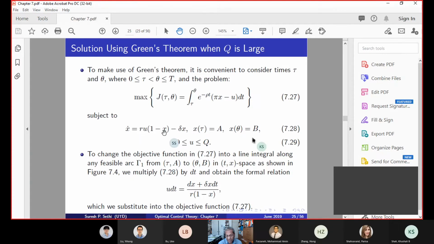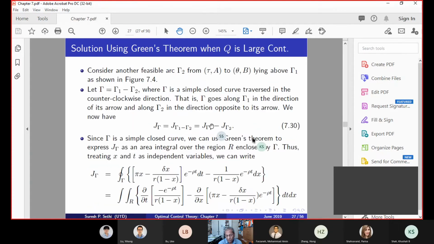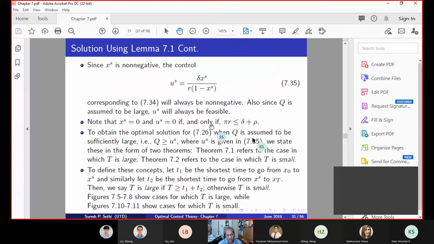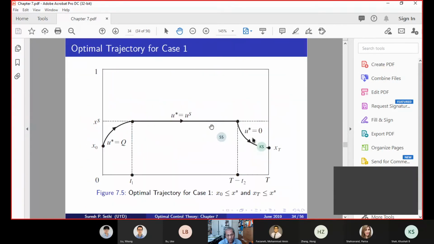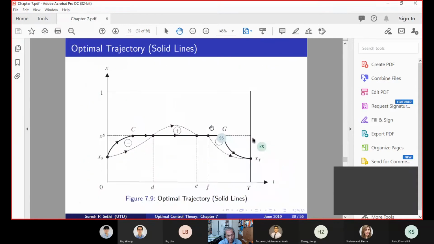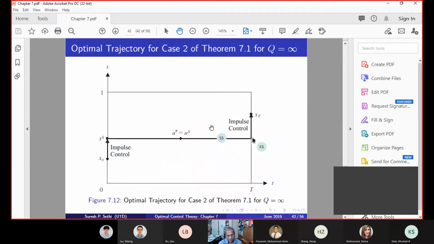So we need to use the formula in chapter 1 to find the dollar value of this impulse control. That means what you need to find out is how much money you need to spend to go from x0 to xs by impulse.